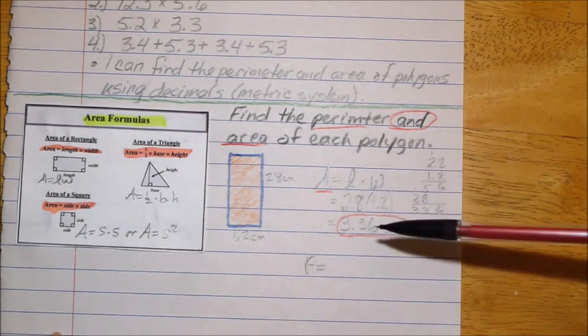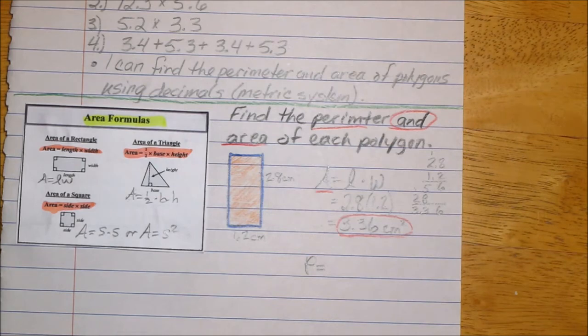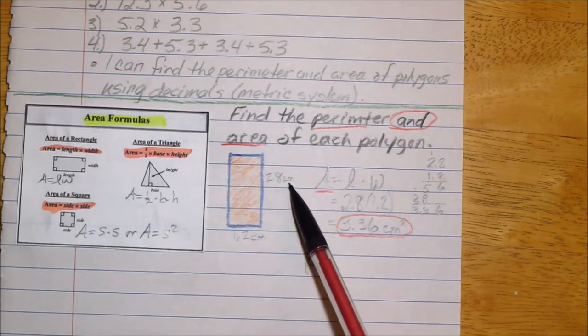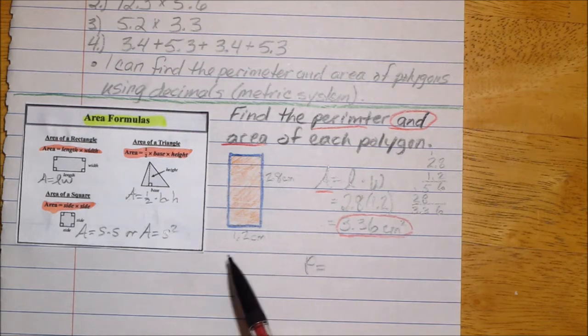All right, so perimeter equals, I can add up, I mean, there's a couple of different ways you can do it. You can just have 4 long numbers and add them up, or you can do 3 2-digit numbers. And that's the way I'm gonna do it, mostly just for space. It doesn't matter. I can add 2.8 plus 2.8 plus 1.2 plus 1.2 and have 4 numbers in a long string.